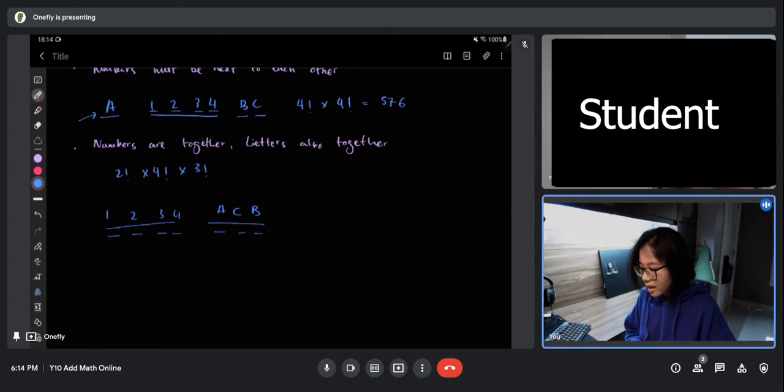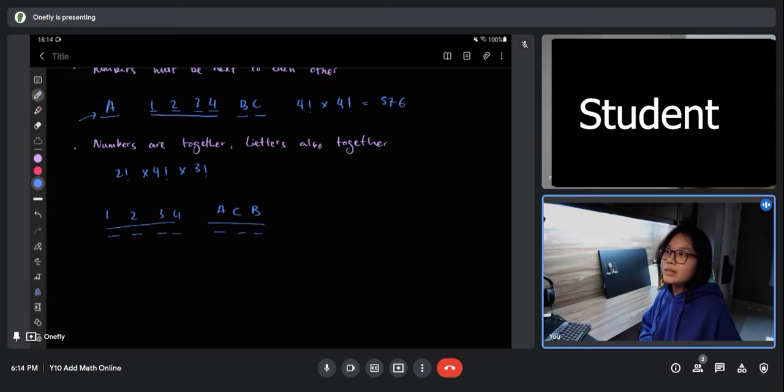So anytime, don't just look at the question and think in your mind. You can always write it out, then you can visualize already. Much easier. Okay, 2 factorial times 4 factorial times 3 factorial, I think it's 288.